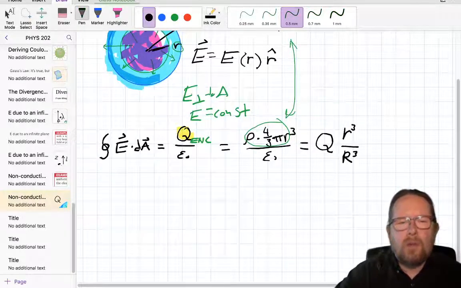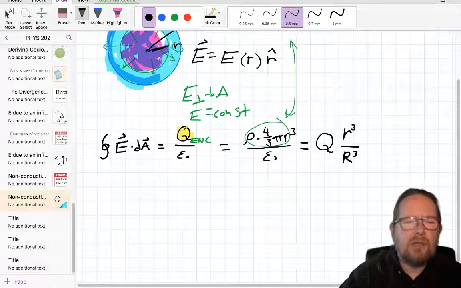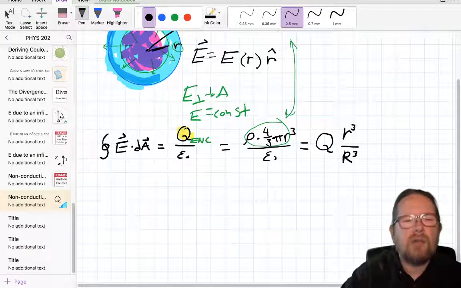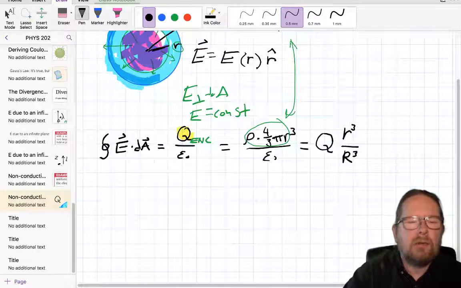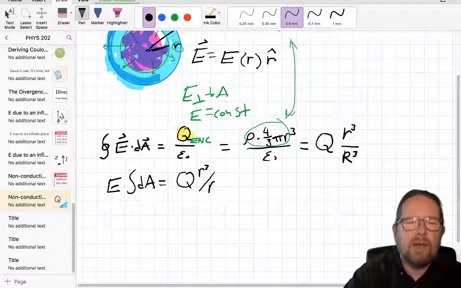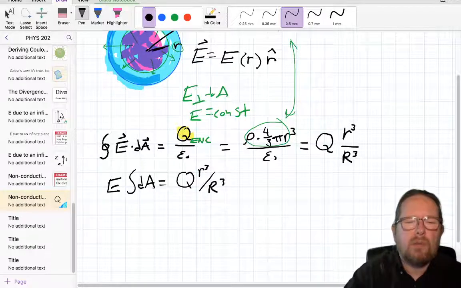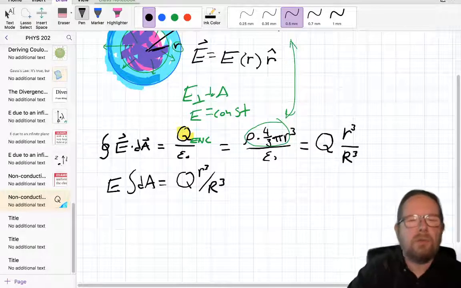So, nothing on the left-hand side changes. Our electric field is still constant everywhere on our imaginary green sphere, or imagined Gaussian surface that we've drawn. So, E times the integral of dA is equal to Q times r cubed, the radius of our Gaussian surface, divided by big R cubed, the radius of the whole sphere.